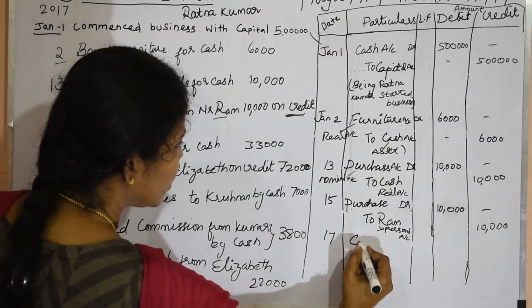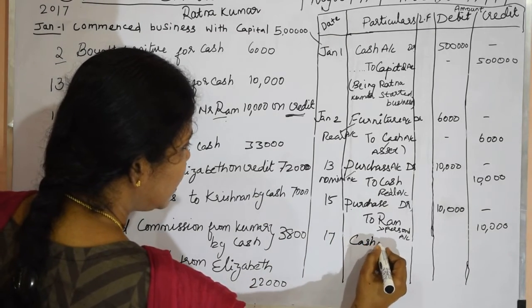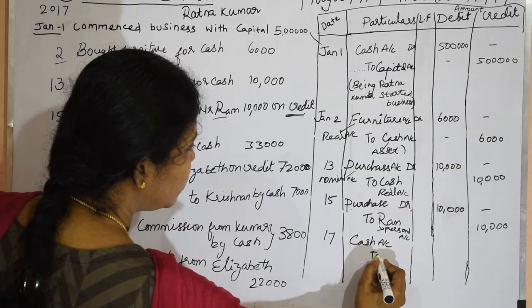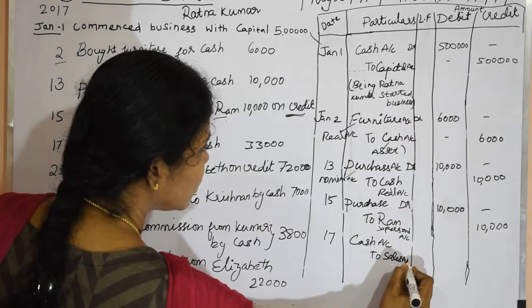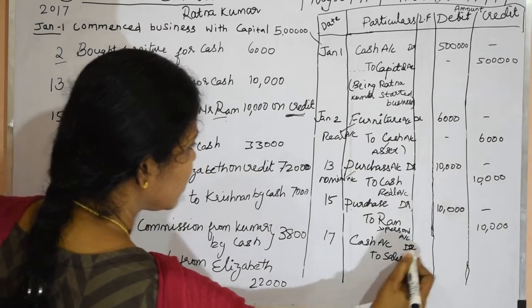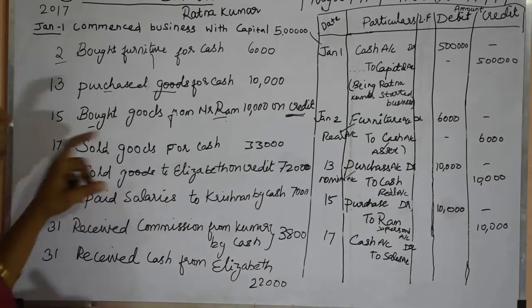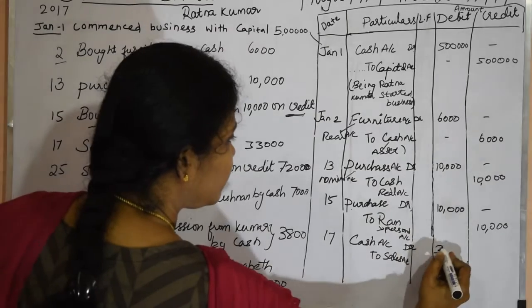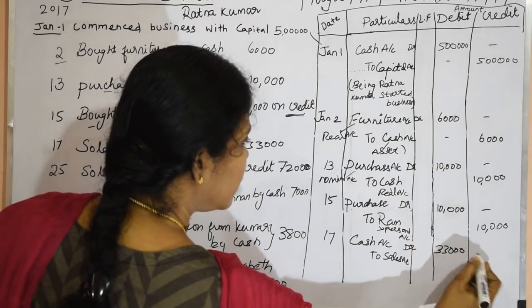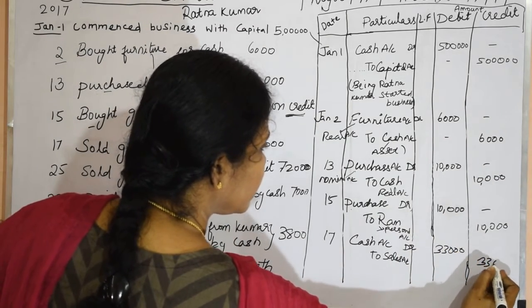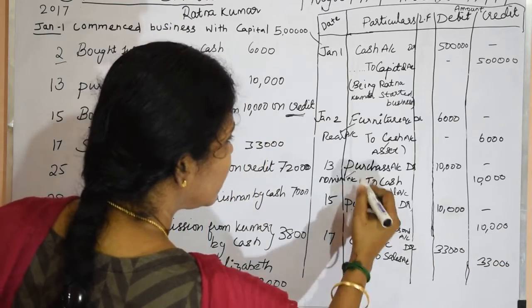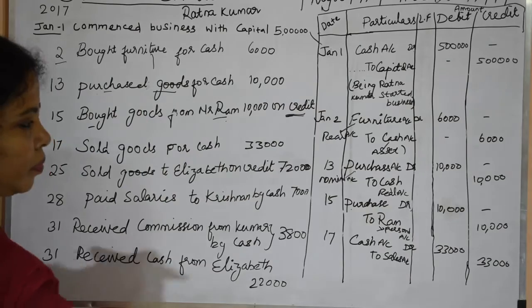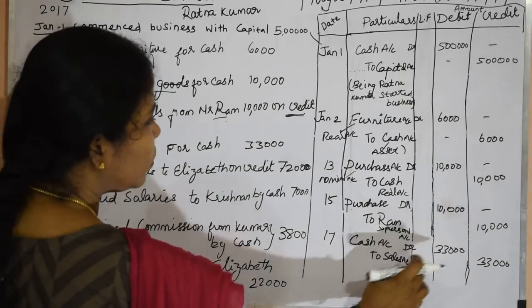Here we have to write debtor. How much amount? 33,000. So cash account debtor to sales.